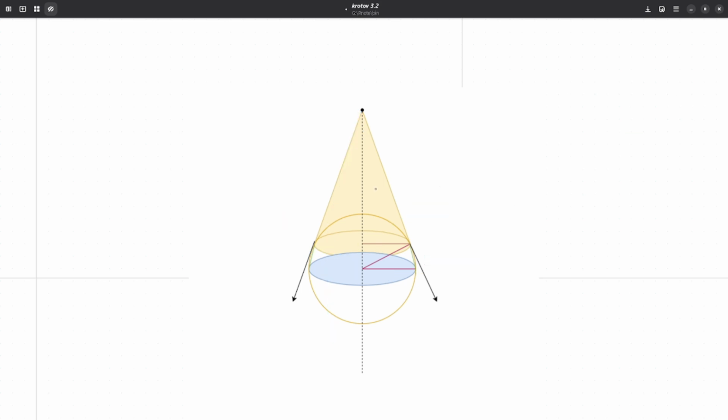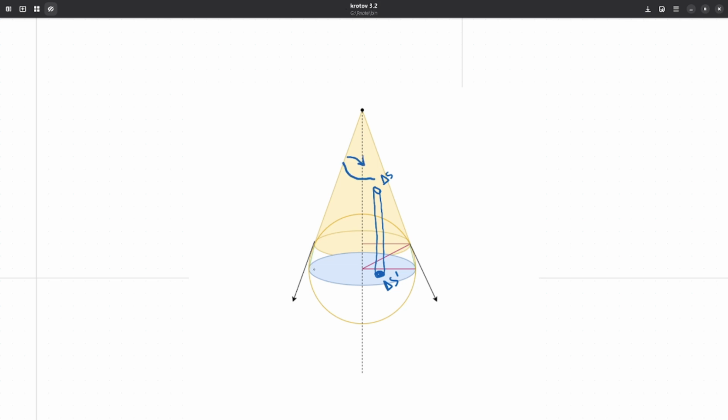Let us take a small area element on the surface of this conical structure and name it delta S. We name its projection delta S prime. Now let's move delta S around the surface area of the conical structure.